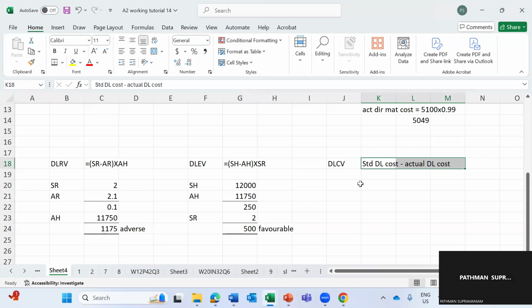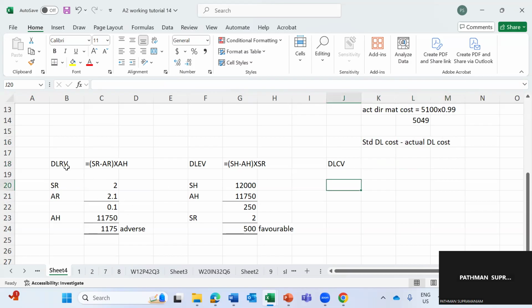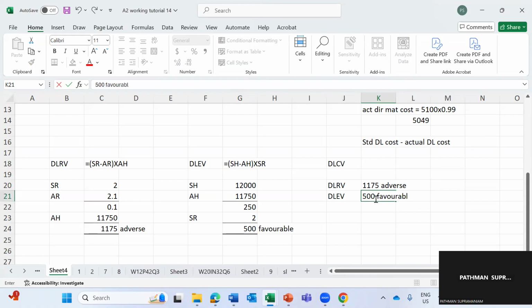So the direct labor cost variance, you need to combine these two variances. The direct labor rate variance is 1,175 adverse, and then you have the direct labor efficiency variance of 500 favorable.